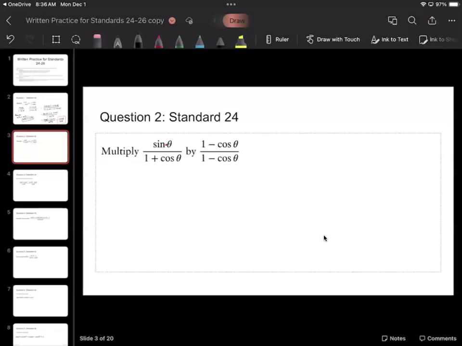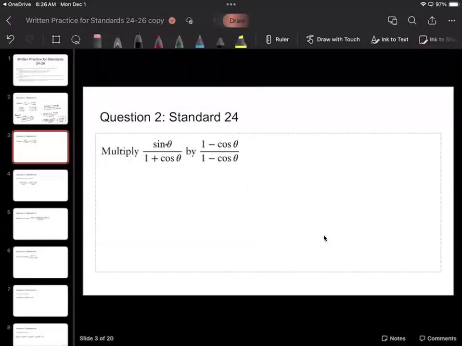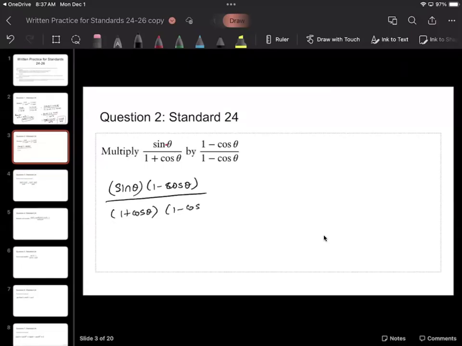Okay, so this is the same thing. So let's do the same thing here. This is my numerator. Why don't you pause here and try to do this on your own and then come back and check your answer with mine.